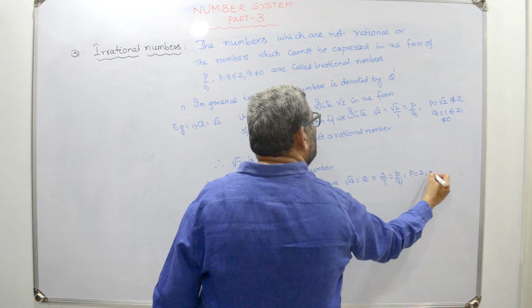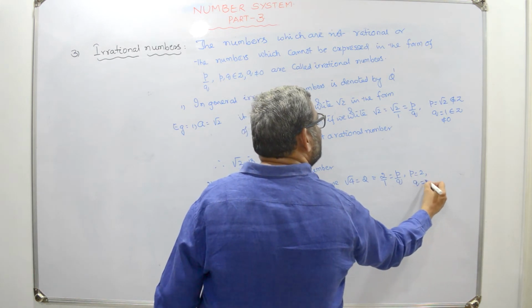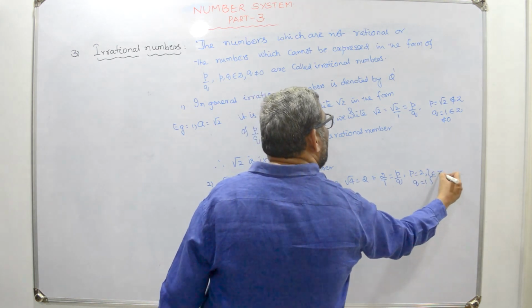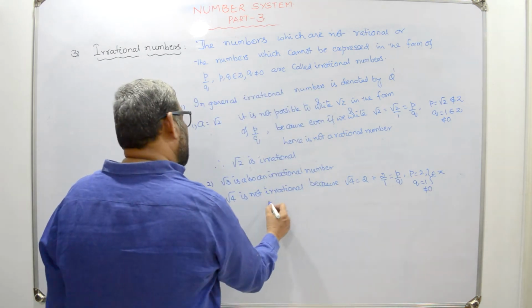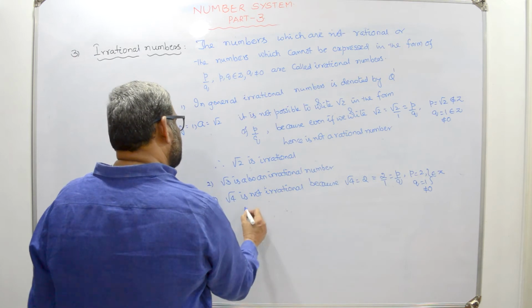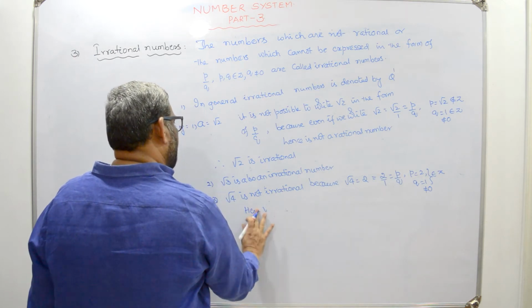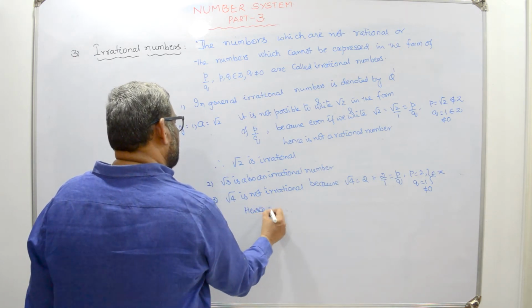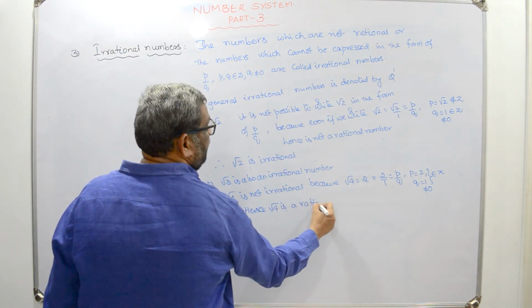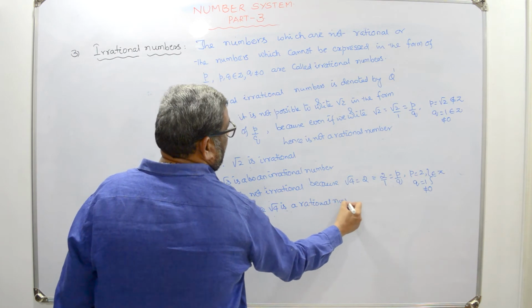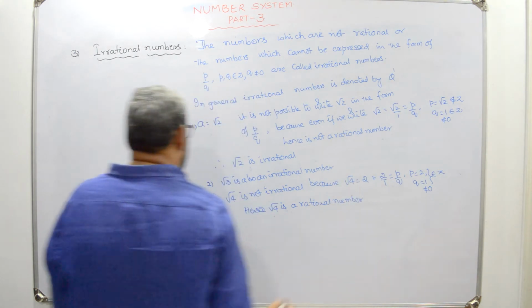P is equal to 2, q is equal to 1 belongs to Z and not equal to 0. So it is not irrational. Hence root 4 is a rational number.